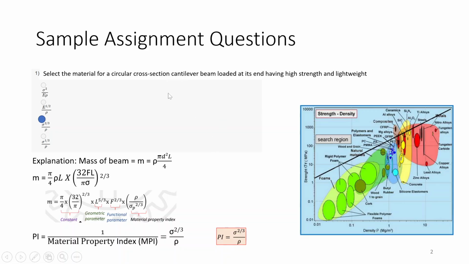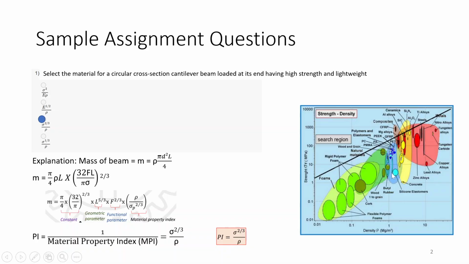There are around 4 to 5 case studies given in this particular lecture. You have to at least try to remember these equations and figure out the material property indexes for the various case studies. In this case there will be a line corresponding to this performance index.